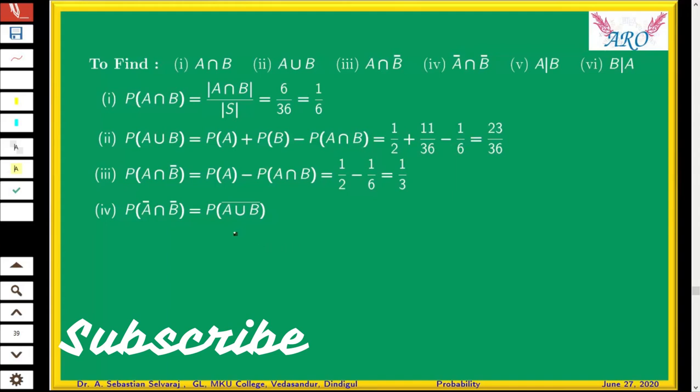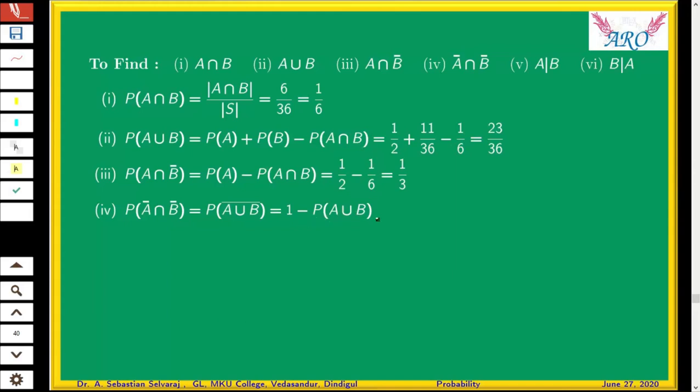Probability of A union B whole bar, from the basic set theory, can be written as 1 minus probability of A union B. For your clarification, just consider this. This is my sample space. Probability of S is equal to 1, it's a sure event. This is my event A. If you want to find the probability of A bar, it is this part. Here A and A bar are disjoint sets.